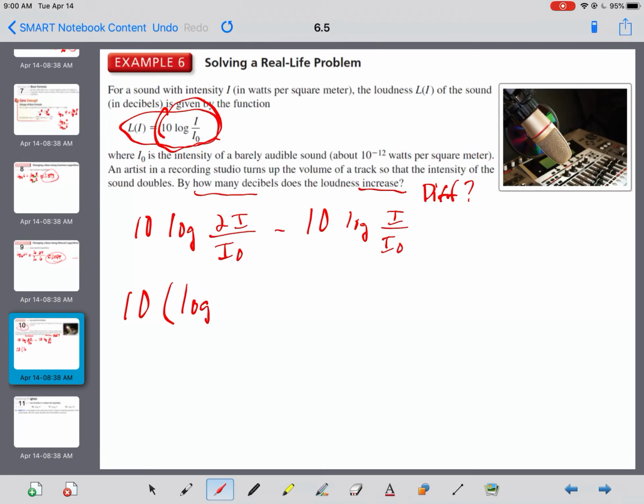So, because they're both times 10, we can pull the 10 out. Make it log of 2I over I sub 0 minus log of I over I sub 0.